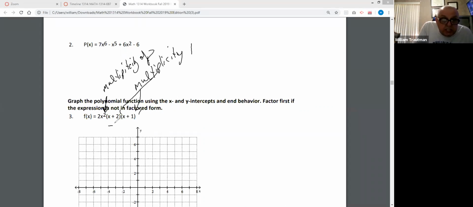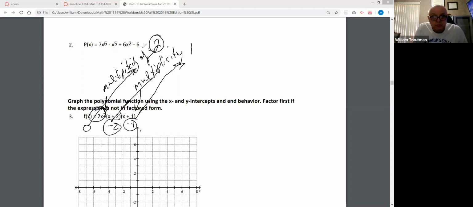So if you look at this, -2 has a multiplicity of 1, -1 here has a multiplicity of 1, and our x-intercept of 0 has a multiplicity of 2. So that's what they're looking for on one of the questions. And multiplicities are just another word for power.